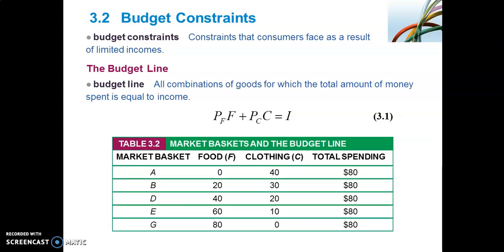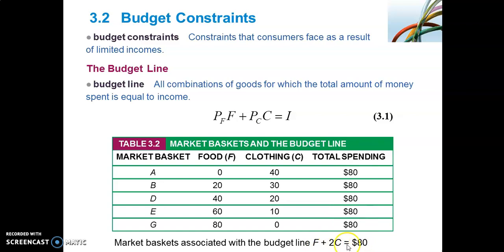Let's use table 3.2 as an example. You are given $80 per week as income, and the budget line is given as F plus 2C is equal to $80.